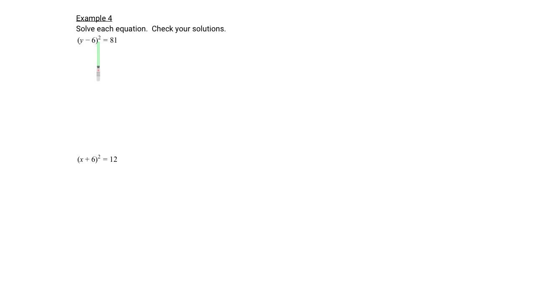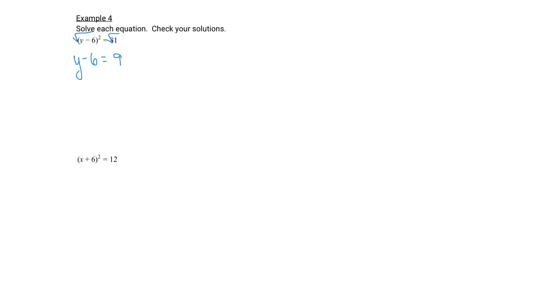The only thing that gets rid of a perfect square is a square root. So I can take the square root of each side, and that gets rid of the square on this side, and I'm only left with y minus 6. And then the square root of 81 is 9.